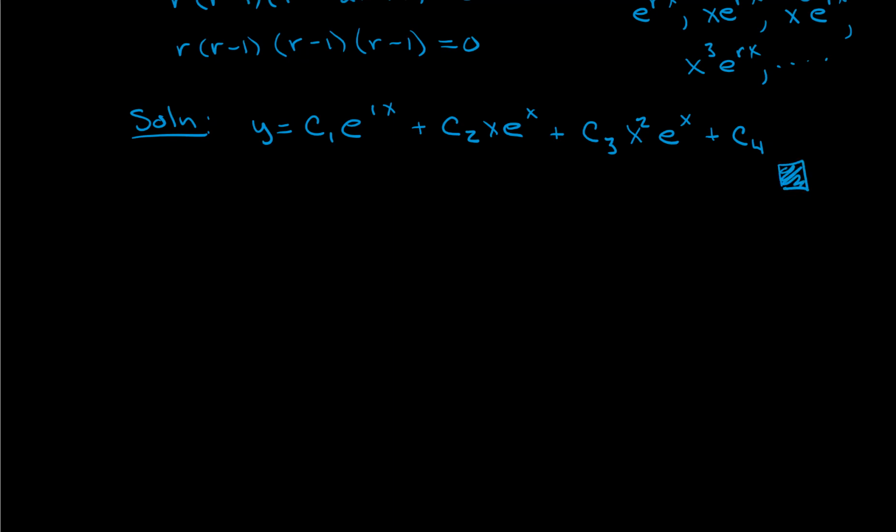Now, if we were given some information, we would need 4 different pieces of information, because we have C1, C2, C3, and C4. But if we had 4 pieces of information regarding initial values, we could create an augmented matrix and go about solving for C1 through C4 just like we did in the previous problem.